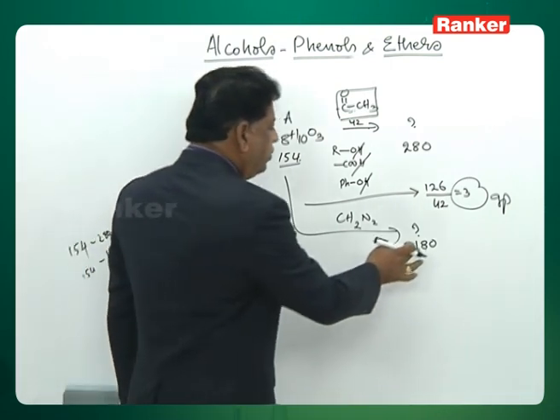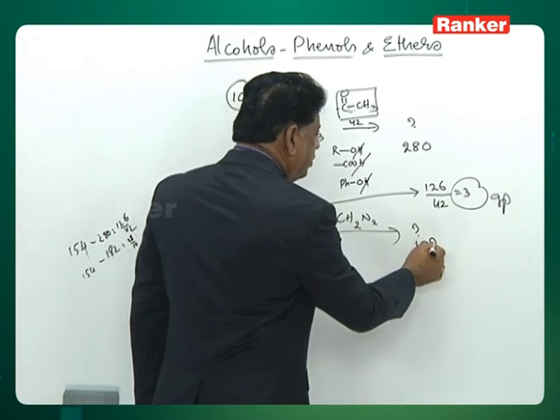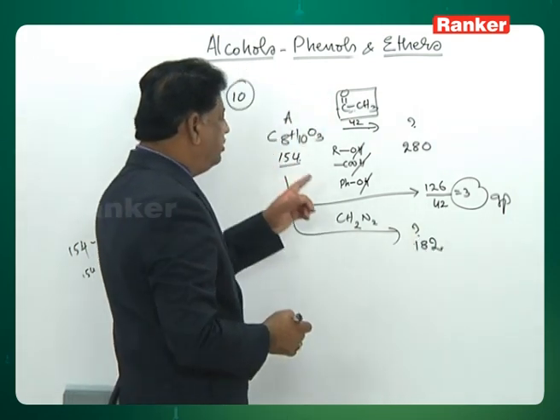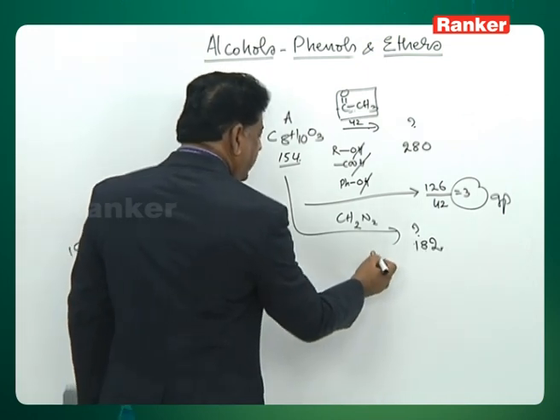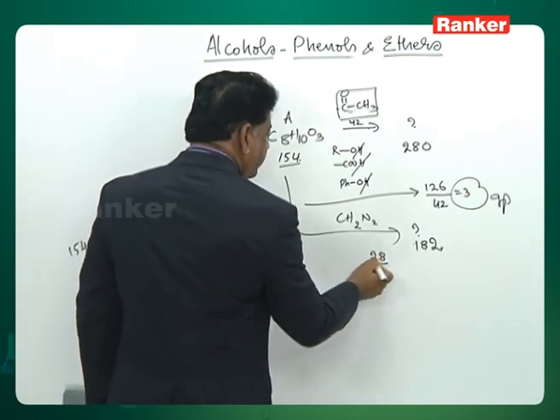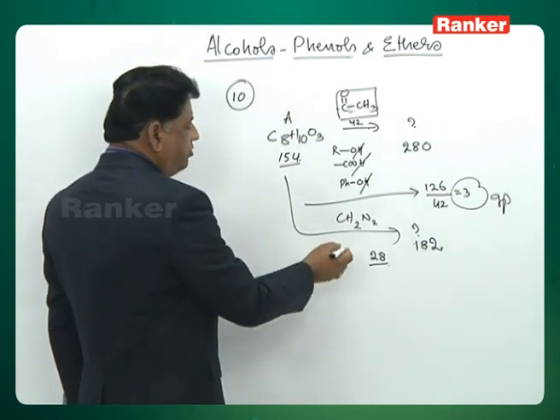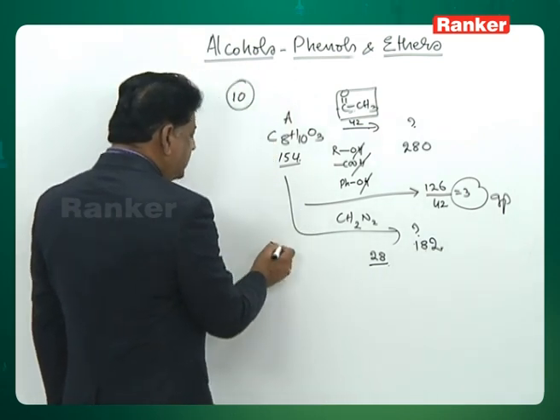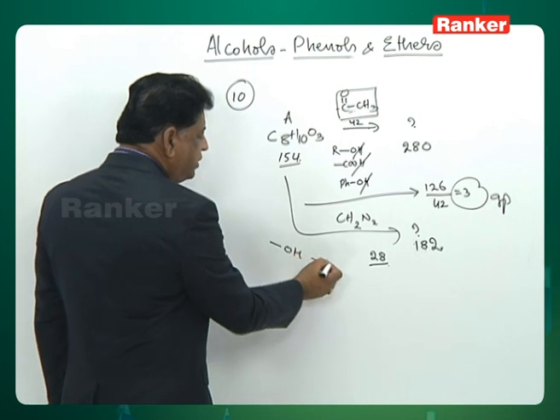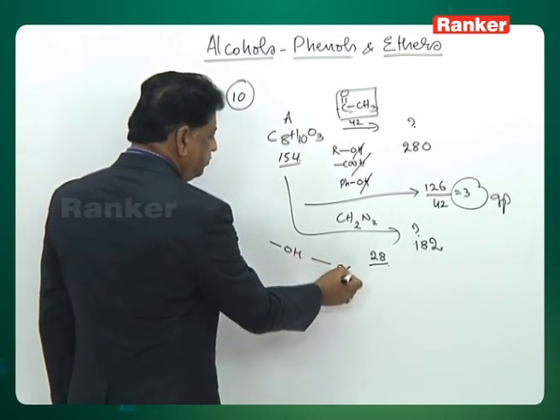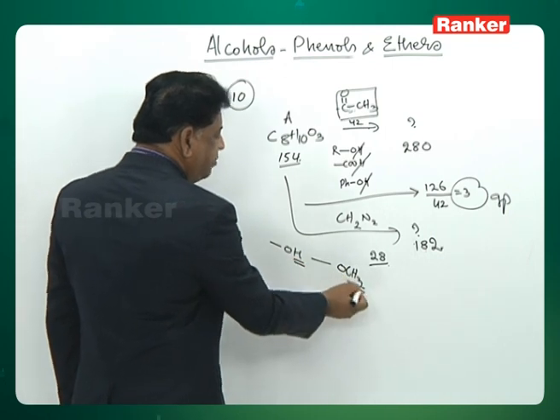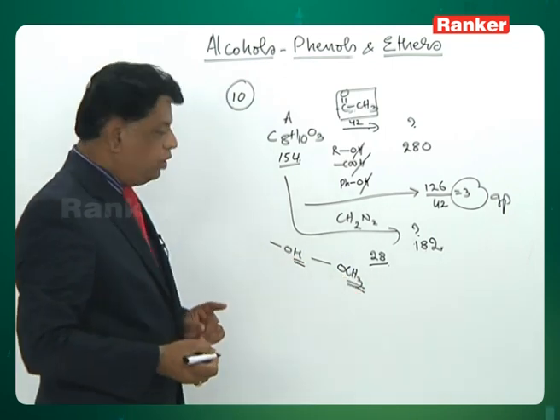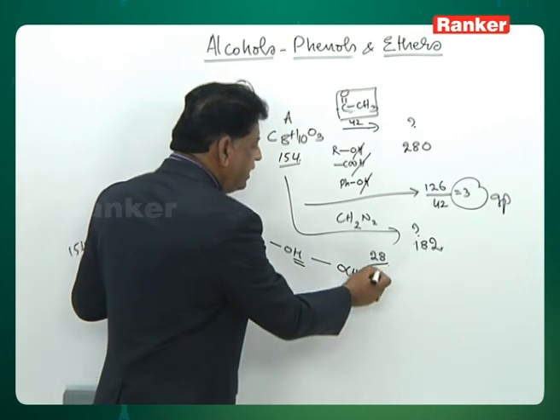This 182 increase you calculate: 154 is becoming 182, which means just a difference of 28 atomic units is increased. So with this 28 units, it can be expected that if the OH becomes OCH3, that means the H is replaced by CH3, meaning only CH2, that is 14 AMU units are increased.